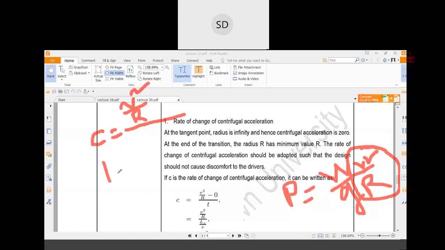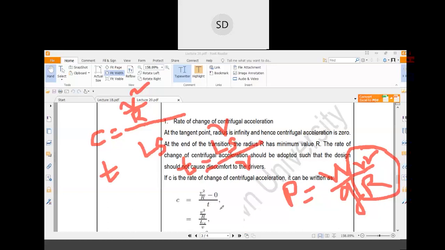Now, what is T? T is the total time taken to traverse the transition curve of length Ls. So, if the length of the transition curve is Ls and the speed of the vehicle is V meters per second, you can write T as equal to Ls by V. You just put all these things in.